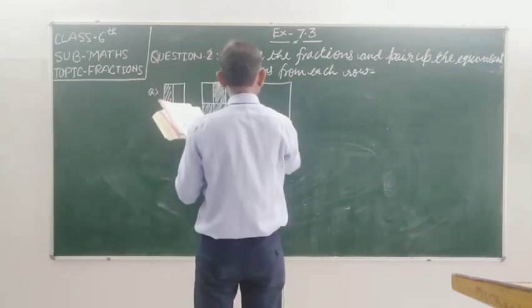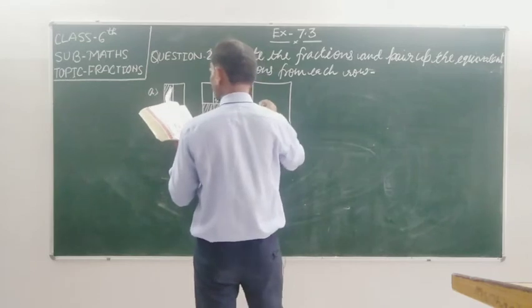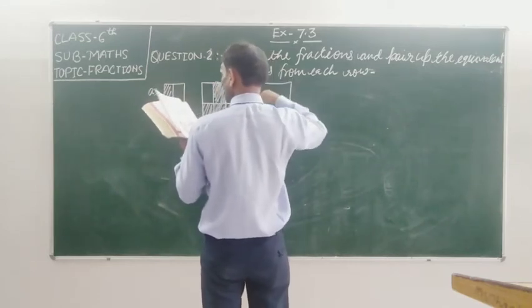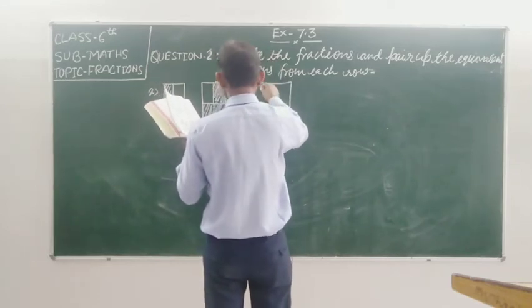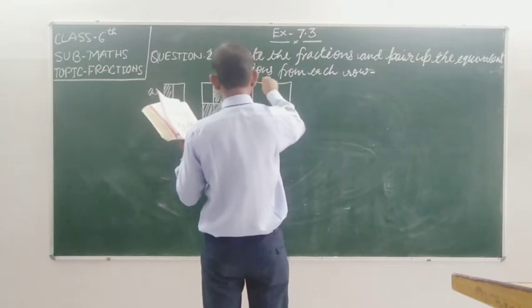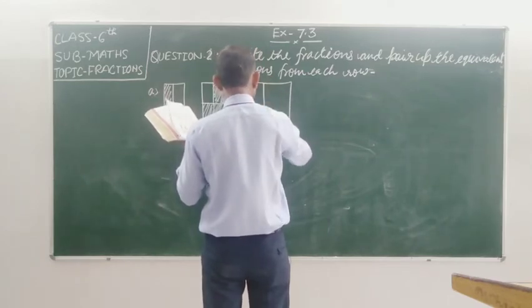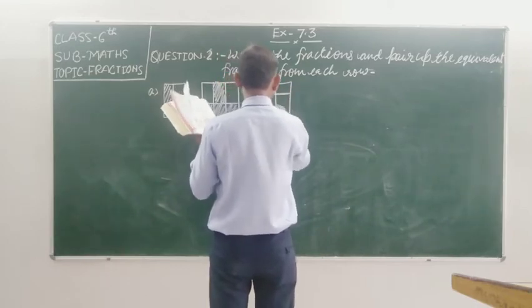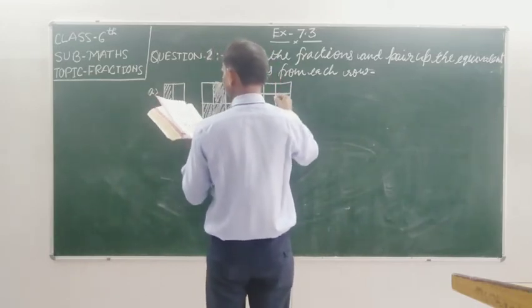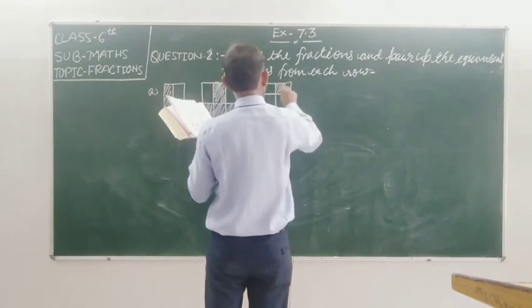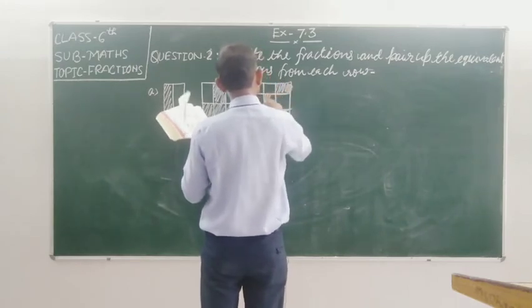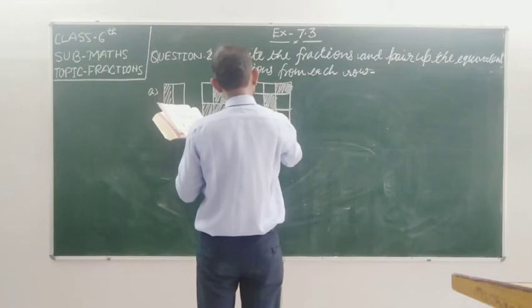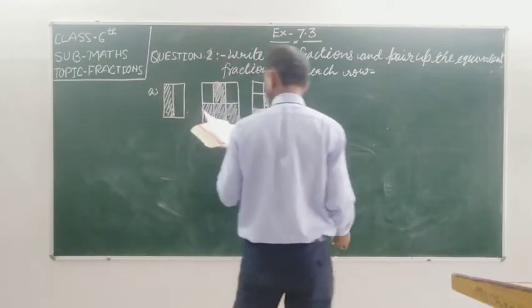And in third figure, student, in third rectangle, there are 9 small squares made, and 3 squares are shaded like this.